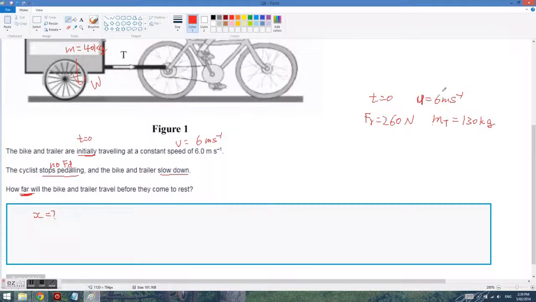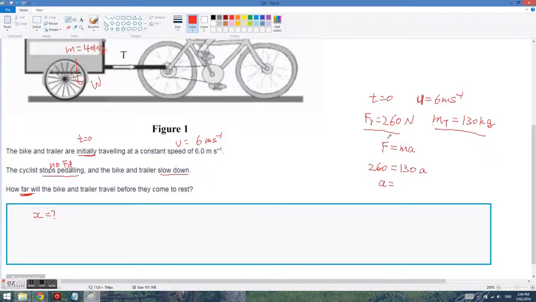Now, also remember we have the friction force and the mass, so Newton's second law, F equals ma. Use it to figure out the acceleration. 260, do your math.